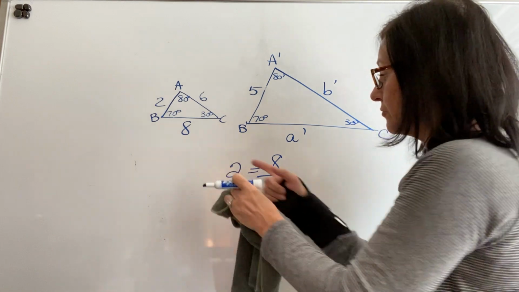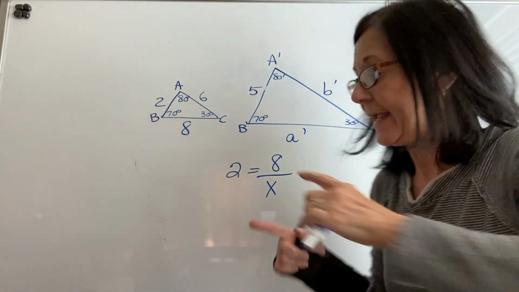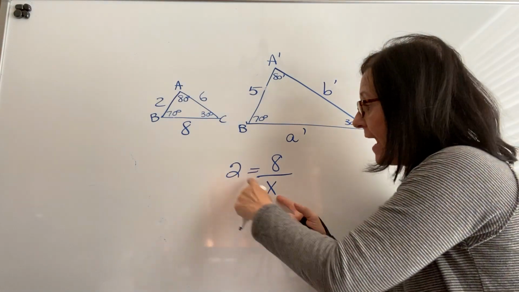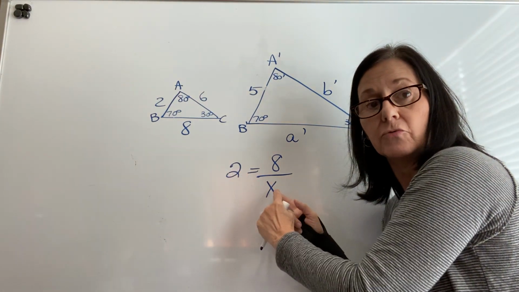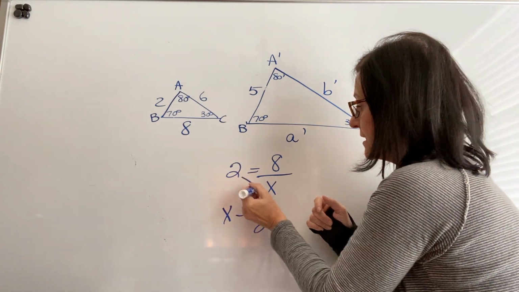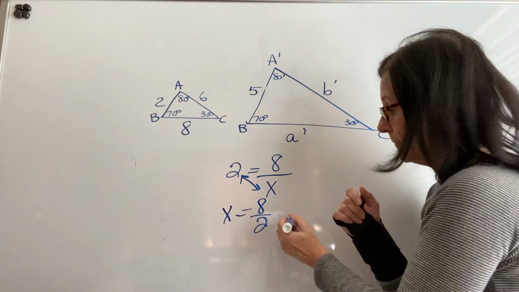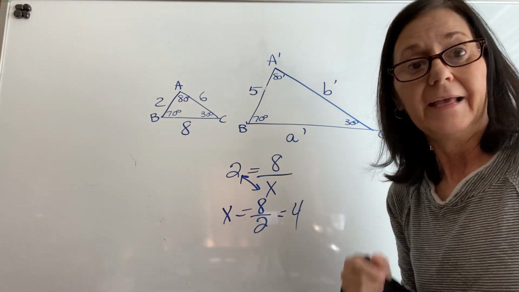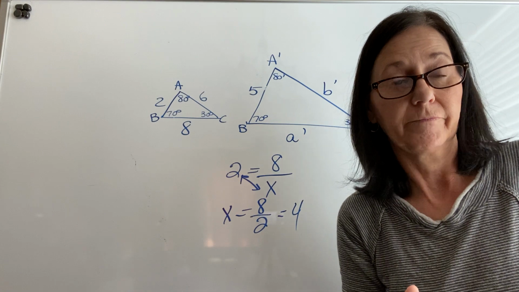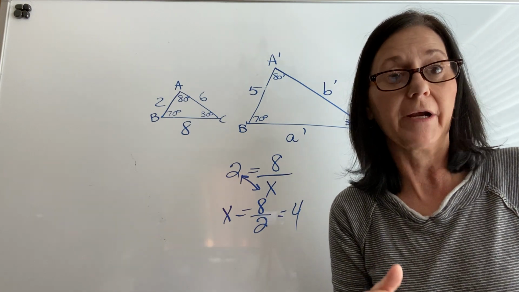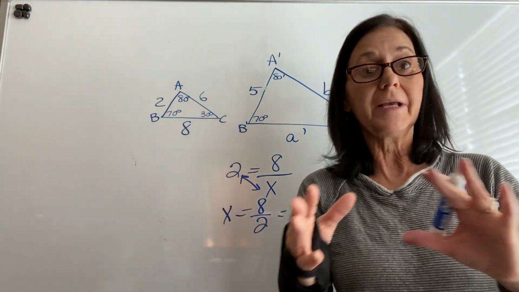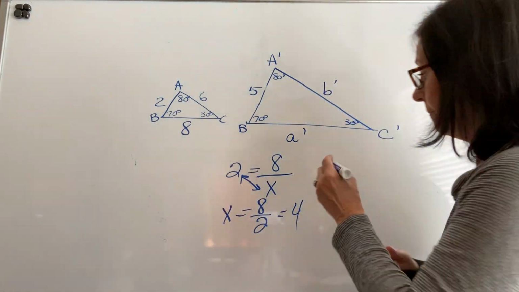I can swap my extremes. I can move the x into the 2 position and the 2 into the x position. So I have x equals 8 divided by 2. See how I just swapped them to solve easily for that. We're going to use that with trig. That is always true: you can swap your extremes, and you can swap your means.